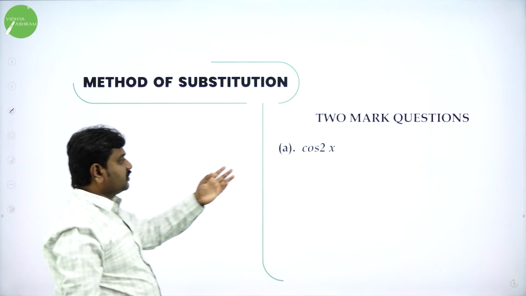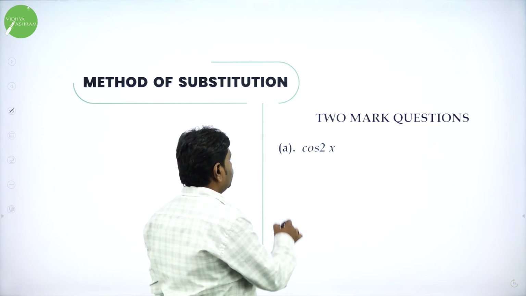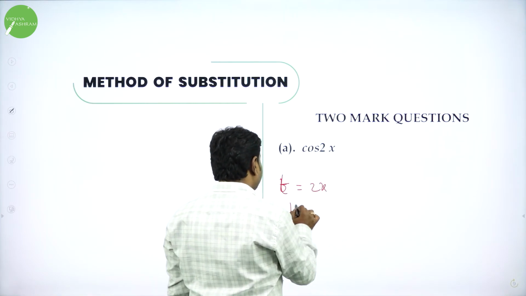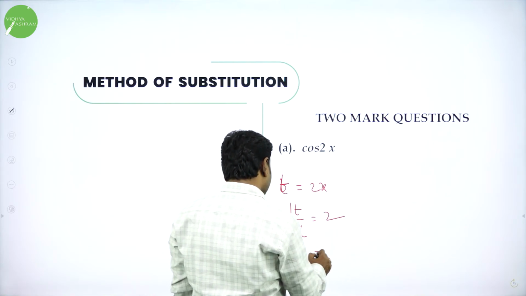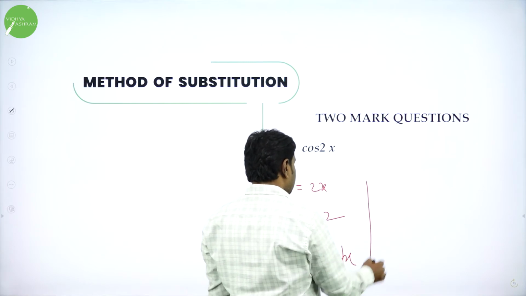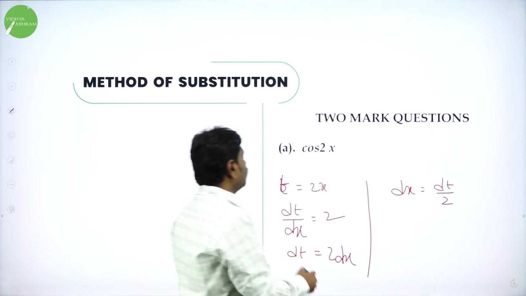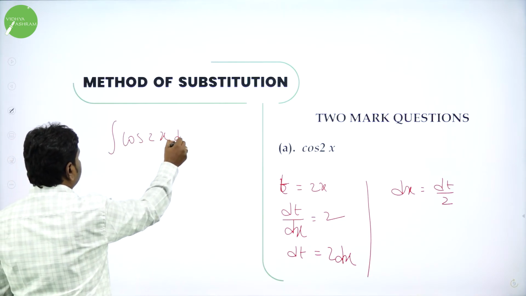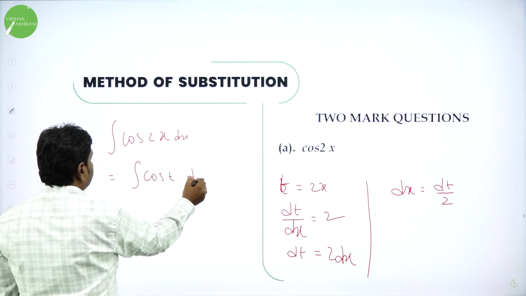So now, the integration of cos 2x. Just put 2x as t. Take t is equal to 2x. So dt by dx becomes 2, and dt becomes 2 dx, or dx becomes dt by 2. So now the given problem, the integration of cos 2x dx, can be written as the integration of cos t dt by 2.